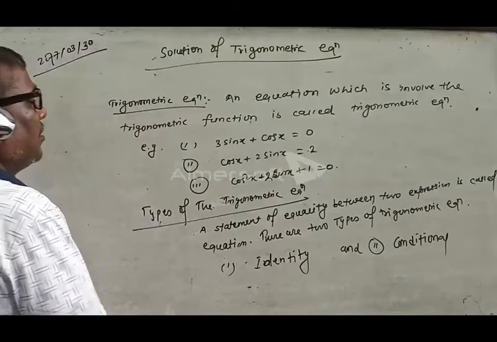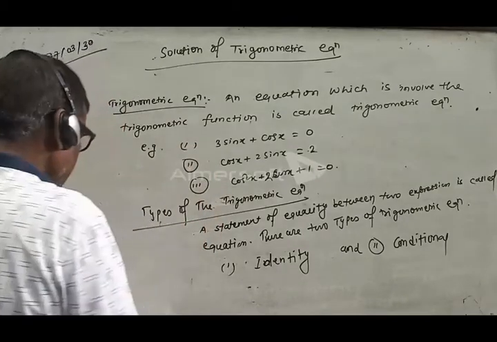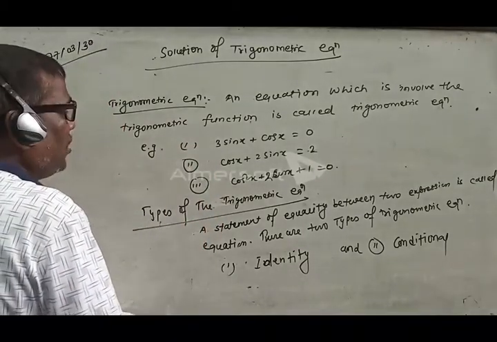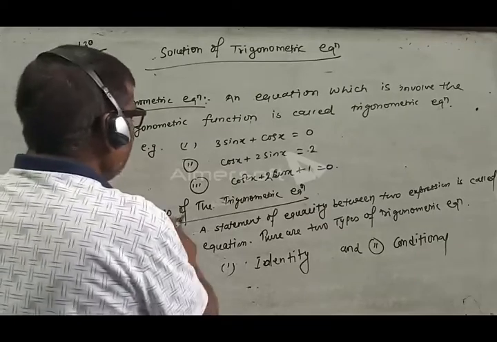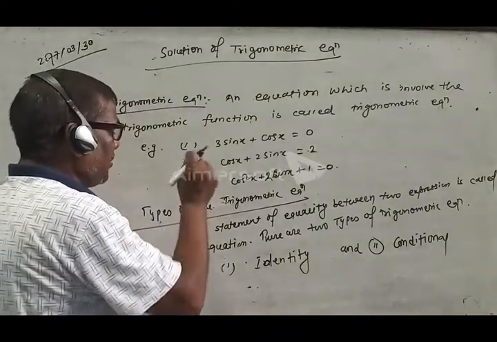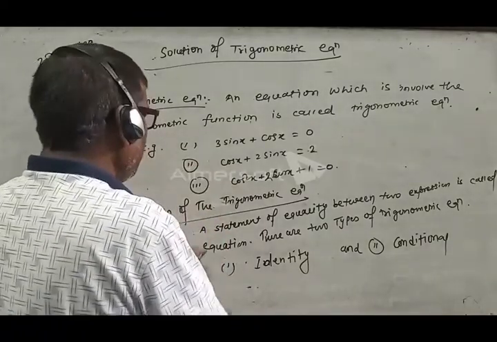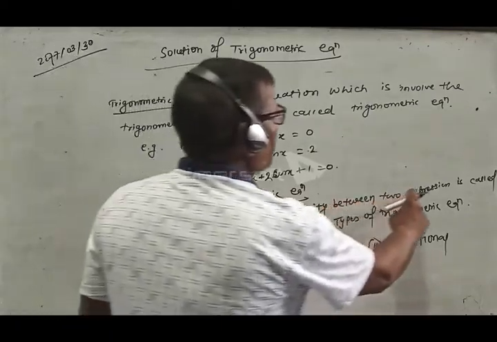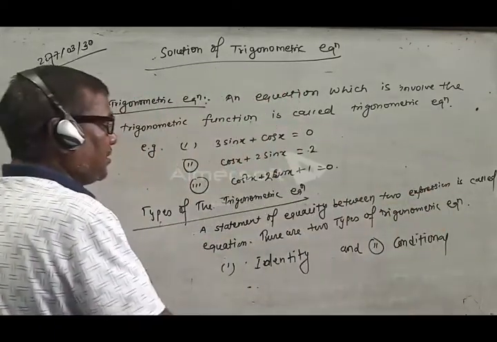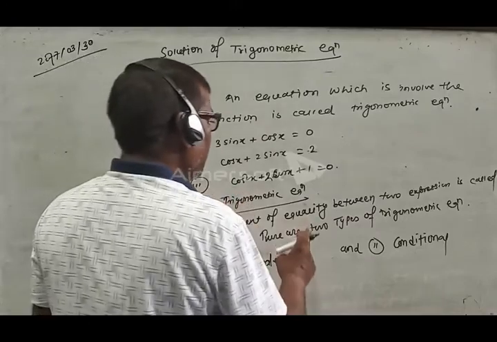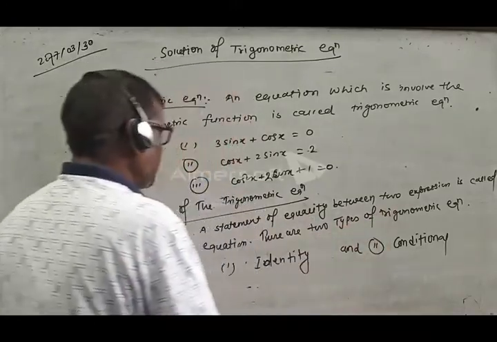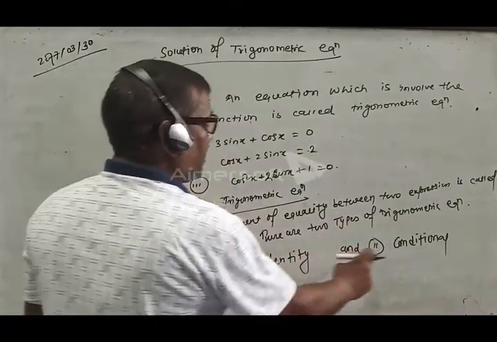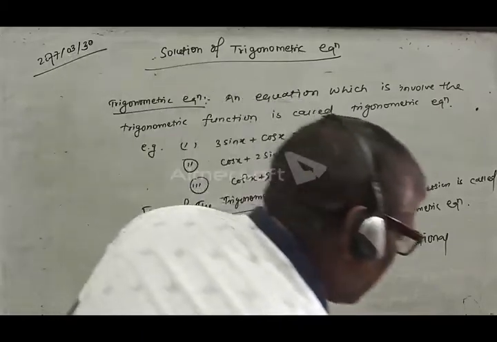Types of trigonometrical equation: first of all, what is an equation? The statement of equality between two expressions is called an equation. There are two types: first identity and second conditional.